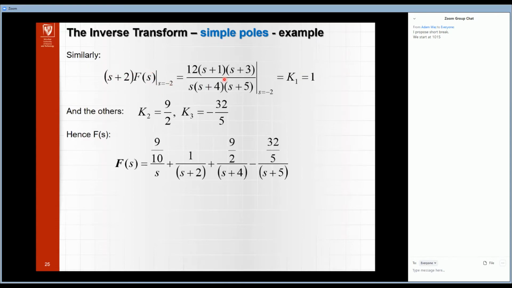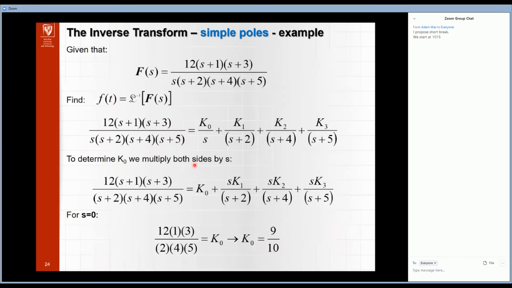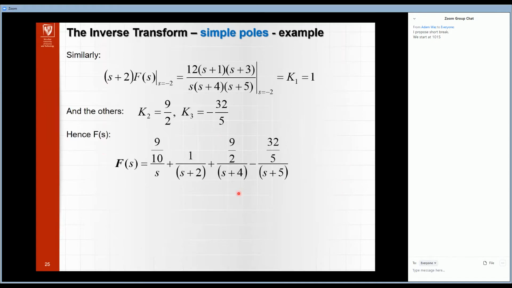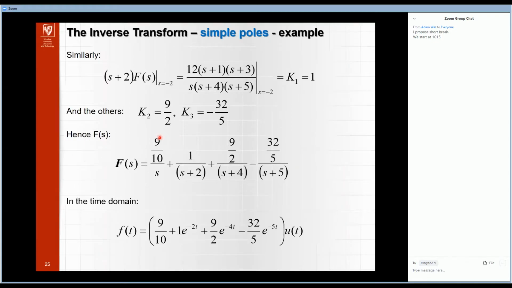And as a result, we obtain this factor, and the same for factors K2 and K3. So as a result, when we put this function and the constants K0 to K3, we obtain such equations. And in the time domain, we use the property about addition and subtraction.